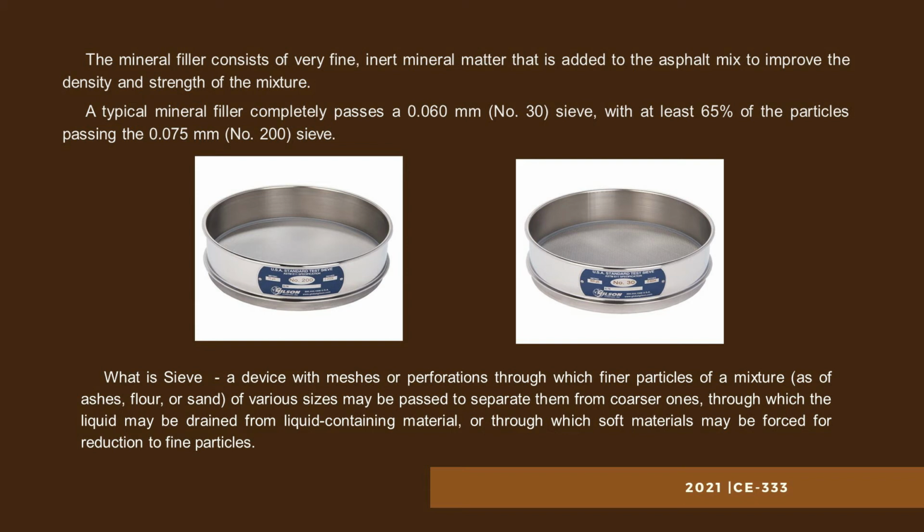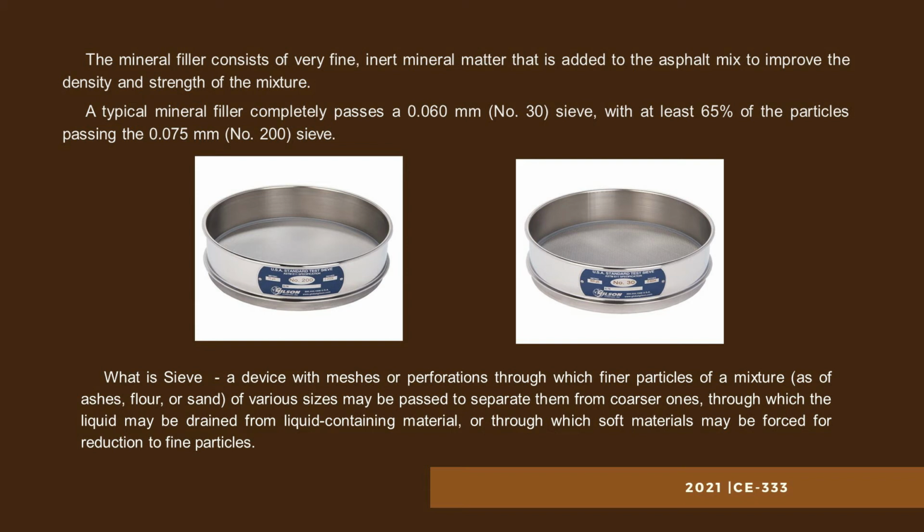So, yung typical daw na mineral filler na ginagamit natin sa roadway construction is yung 100% nun is nagpass siya sa may 0.060 mm or the number 30 sieve. And yung at least 65% ng particles ay nagpass dun sa may 0.075 mm or the number 200 sieve.